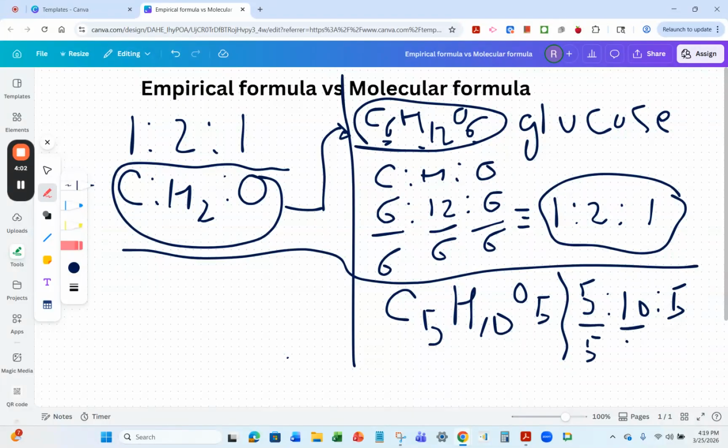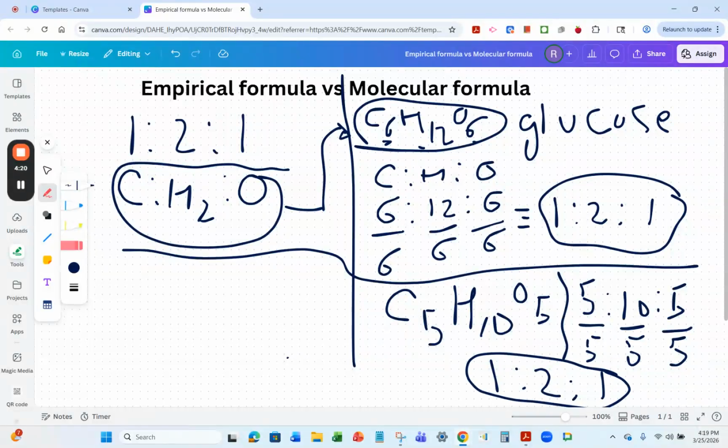If I divide all these numbers with the 5, to save my steps, I will say use your wise number. So my ratio will be 1 to 2 to 1 again. So this is the simplest. I cannot simplify this ratio further. Keep in mind, atoms never ever combine in fractional decimal. So my simplest ratio is again 1 to 2 to 1.